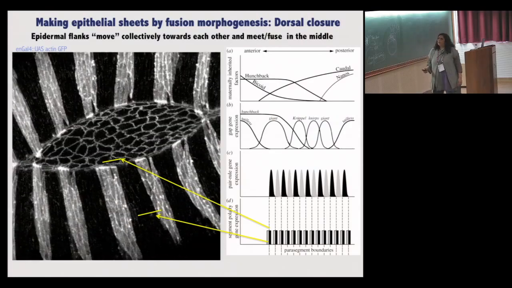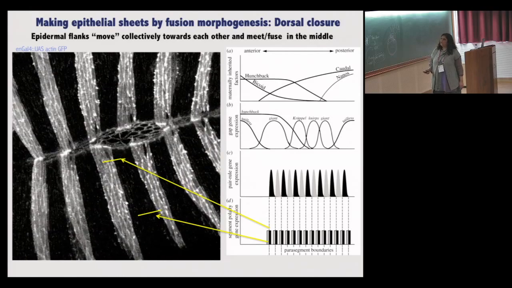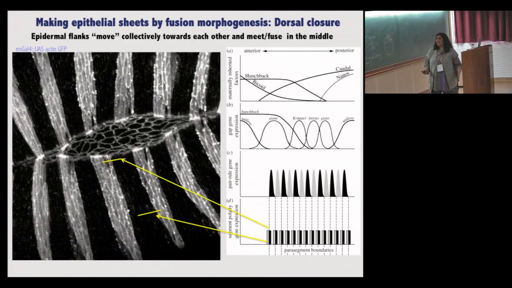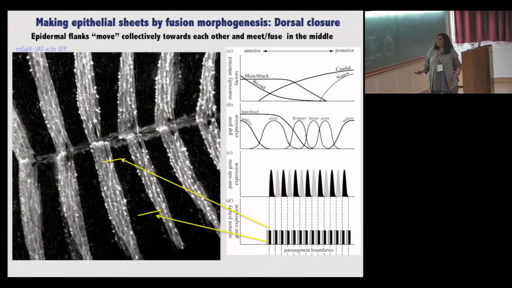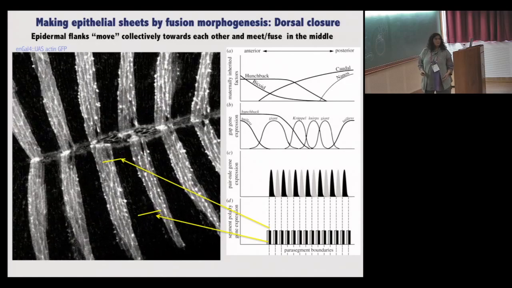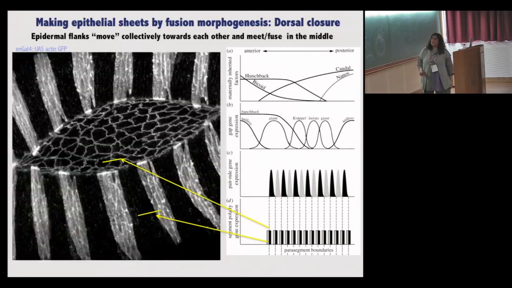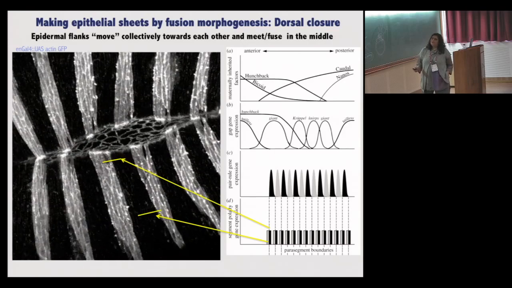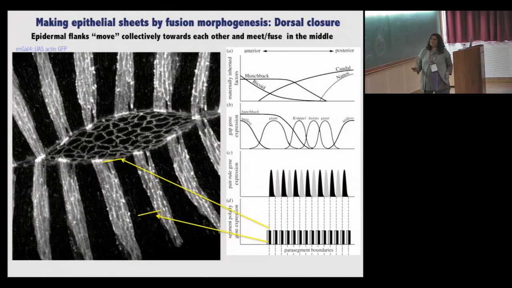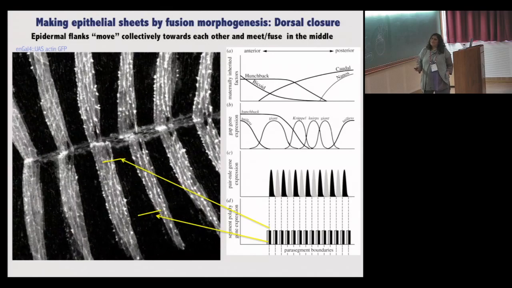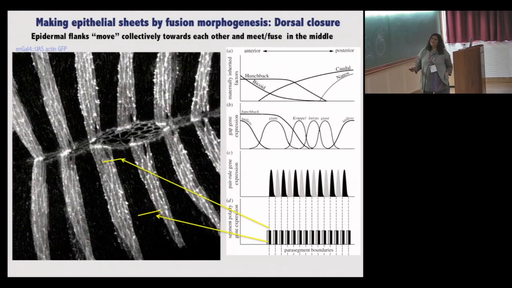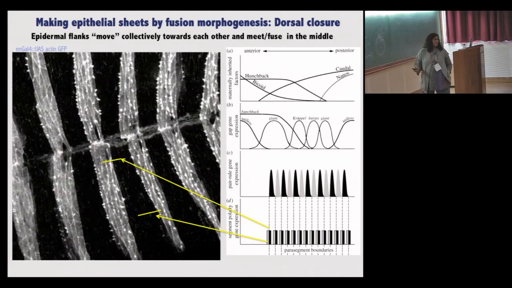So what we're going to look at now is how do you accomplish the fusion of sheets, or how do you build a continuous sheet from two flanks that are separated from each other in the beginning. So one short answer to that question is that it requires events and behaviors that happen not only in these flanks, but also in this intervening tissue.